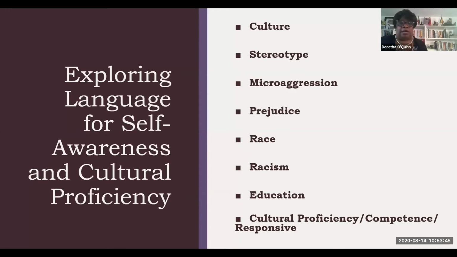And so, I wanted to help you look at the fact, as someone who is aware of themselves: do I understand the dialogue and the language around education and what happens in diverse settings?